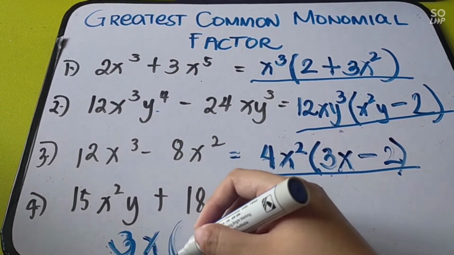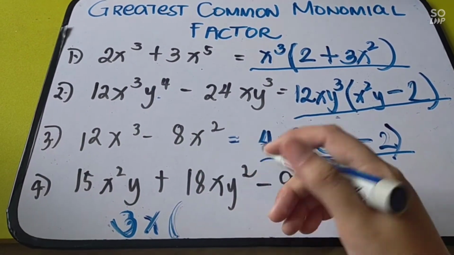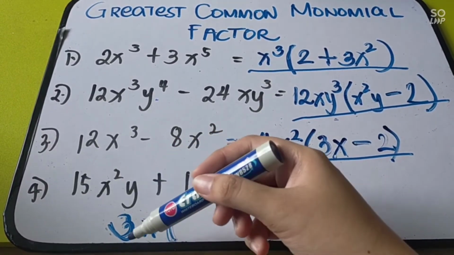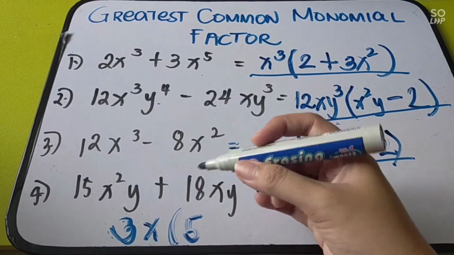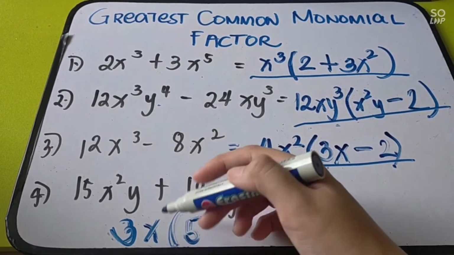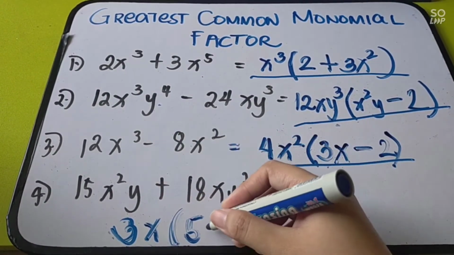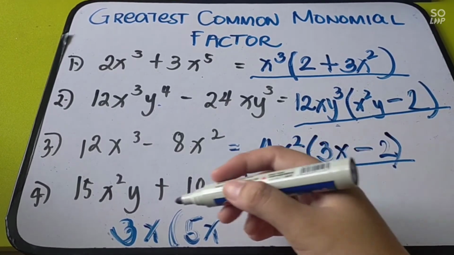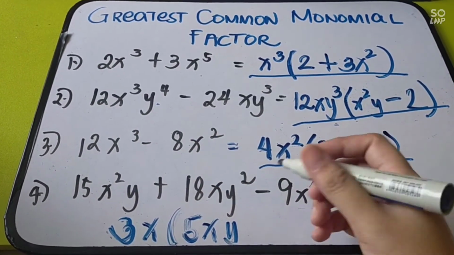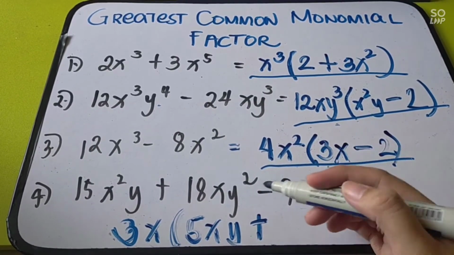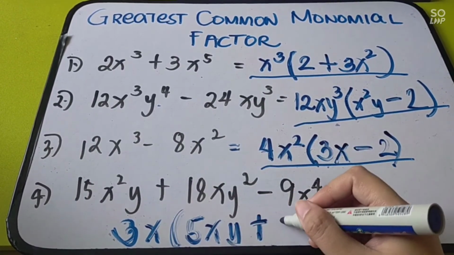So, we have here open parentheses. Then, let us divide. So, 15 divided by 3, the answer is 5. Yan. Next tayo. X squared divided by x. Just subtract the exponent. Ang matitira na lang ay si x. Then, since wala namang y dito, just copy y. Tapos. Then, plus, we have here 18 divided by 3, the answer is 6.